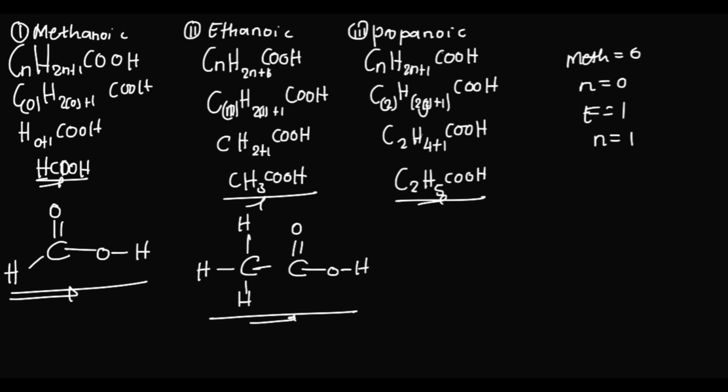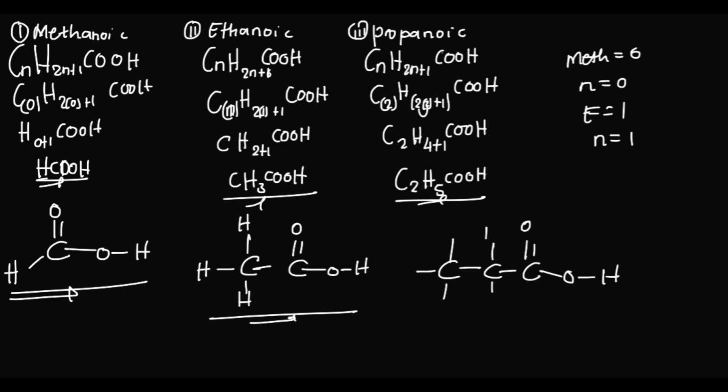Then we said that the first step is we need to write the carbon, so we have 3 carbons in total. Then the functional group should be on carbon 1. Then we finish the remaining part of the structure.